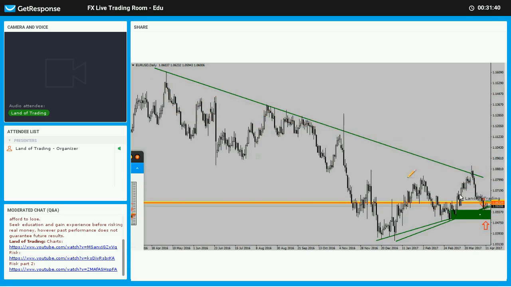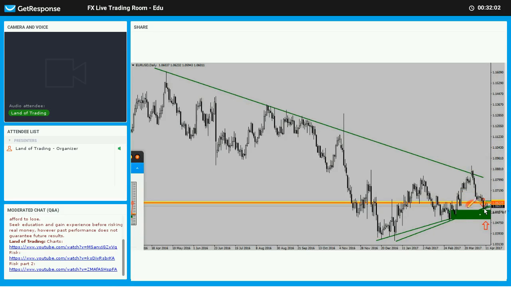So the possibility that once we are going to get back above, let's say 107, the case for a squeeze, the possibility of the short squeeze will rise. Okay, that's how I see the things.